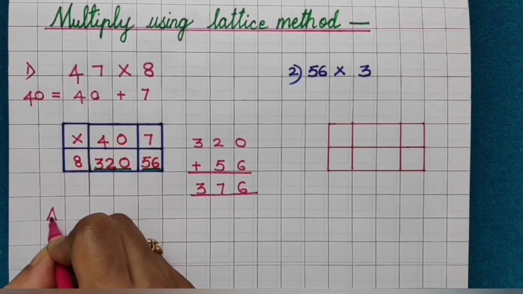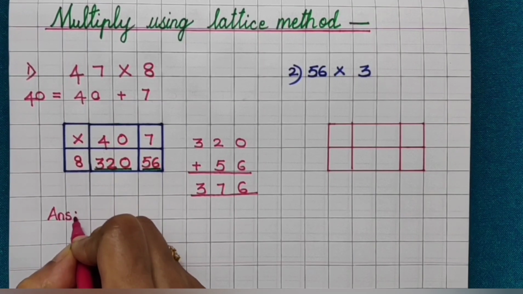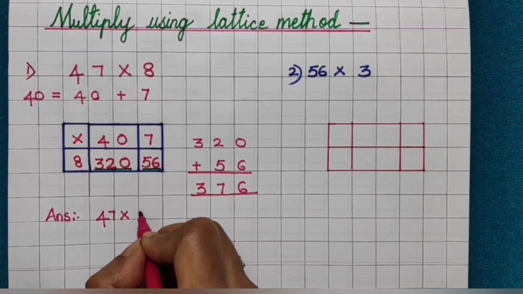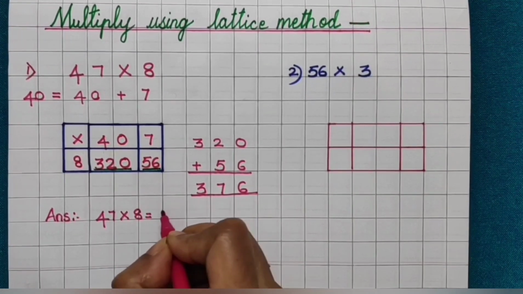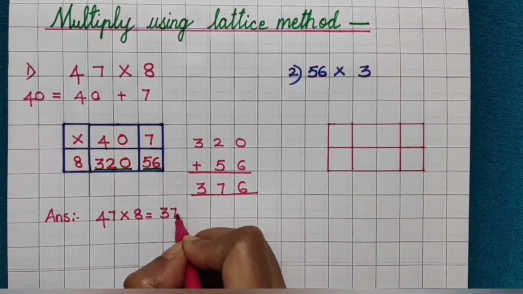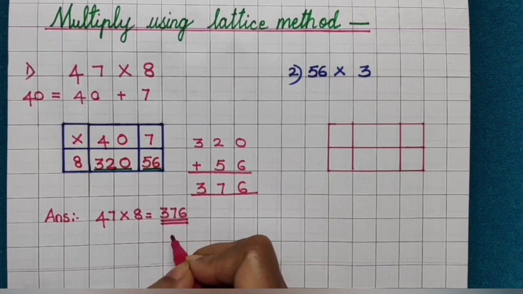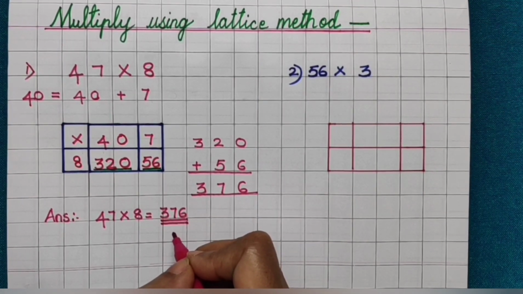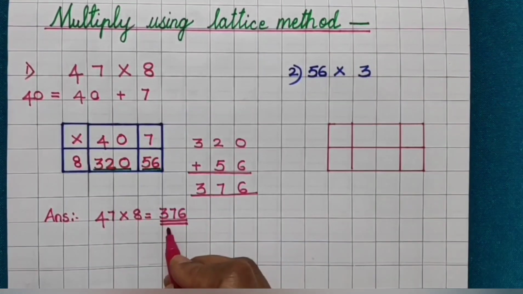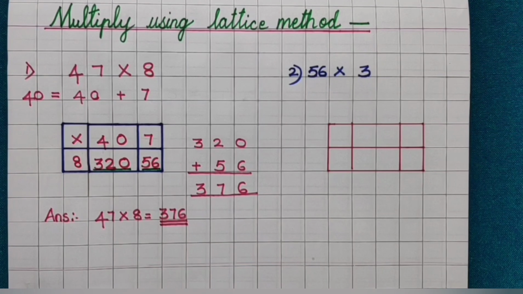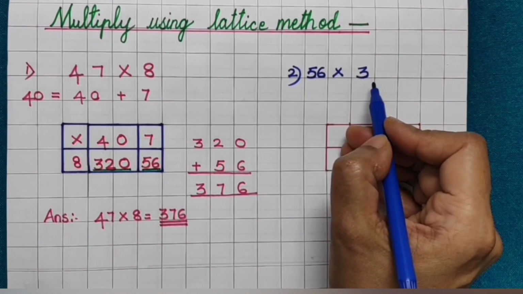So answer: 47 multiplied by 8 is equal to 376. In multiplication, the answer is called the product. So the product of 47 and 8 is 376.